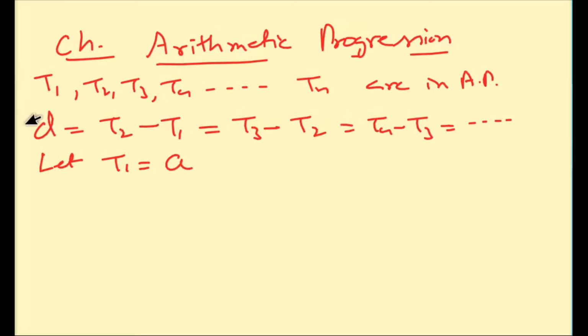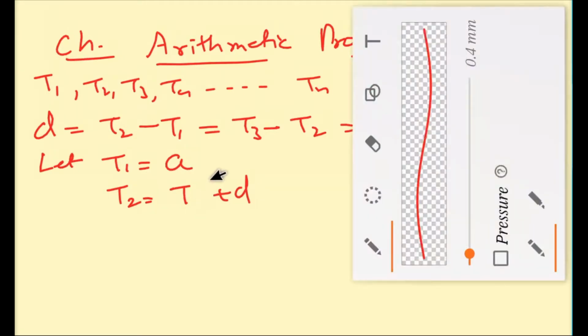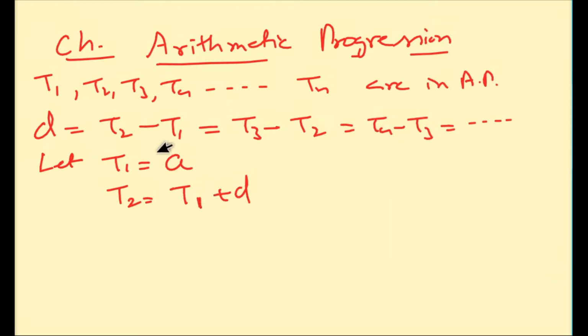T2 is T1 plus D. So we get the second term as T1 plus D. T2 is equal to T1 plus D. And for the next, third term, we get T2 plus D. And similarly T3, T4: we find T4 as T3 plus D and so on. This way we can find the next term from the previous term.